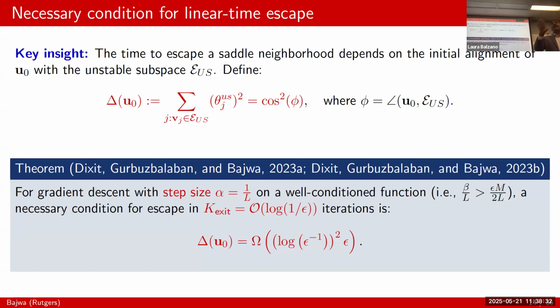Most of the angles are totally fine. You can land anywhere, as long as, well, this is my stable one and this is unstable now. As long as I don't land in this tiny region in my initialization, I can escape. This is a necessary condition, I might be able to escape. But if I land in this region, it's end of story. There is no way I can do that.